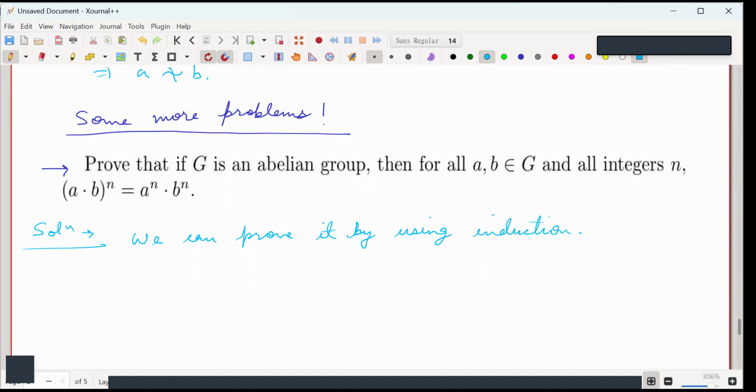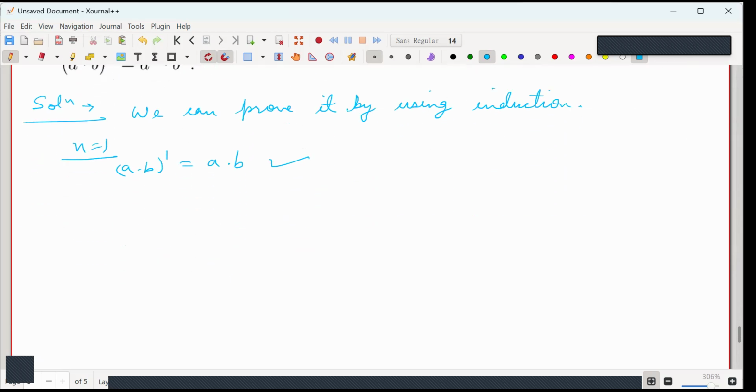So at n equal to 1, of course, (AB)^1 is AB. So we are done. Now we can assume that let it be true for n equal to k. That is, (AB)^k is A^k B^k. And we need to show it then for n equal to k plus 1.